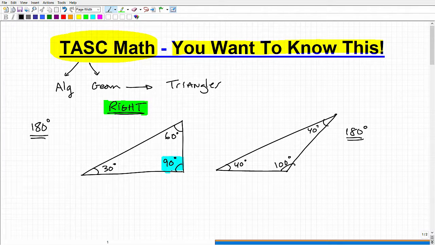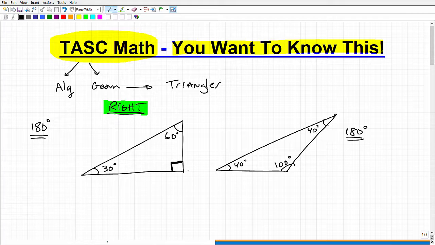So if you look at this first triangle here, this is 90 degrees here. One way we can indicate that a triangle has a 90-degree angle is by this little notation right here. It's just like a little square.